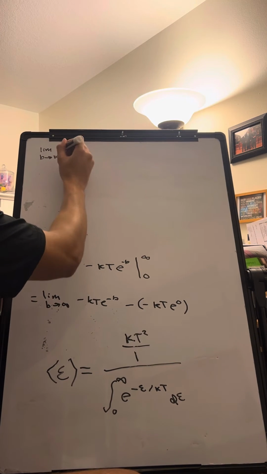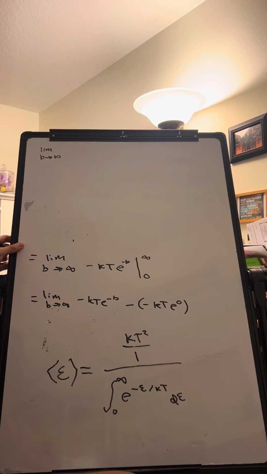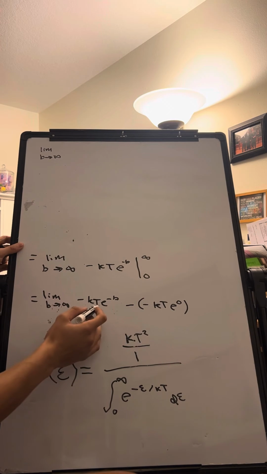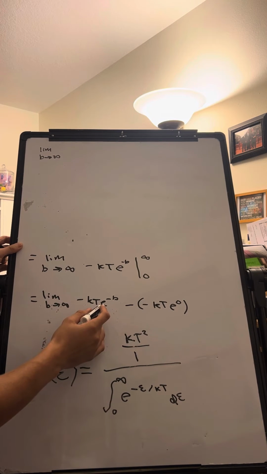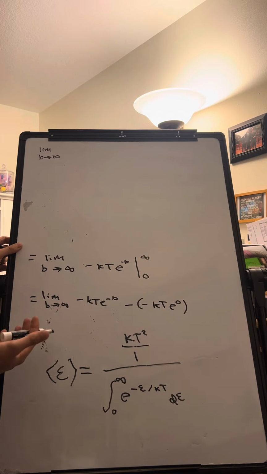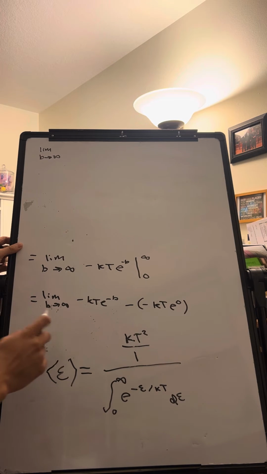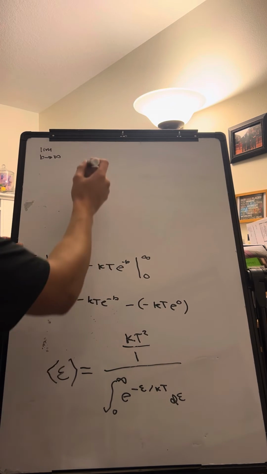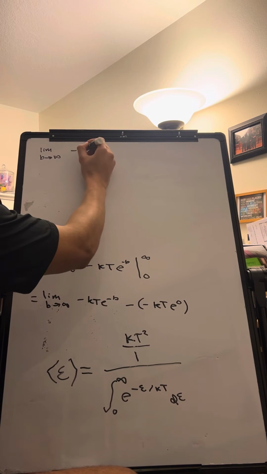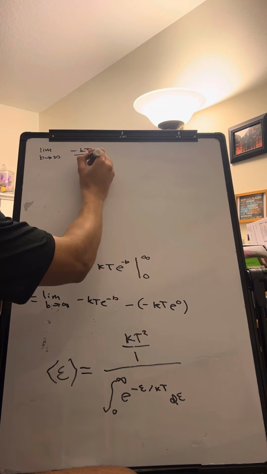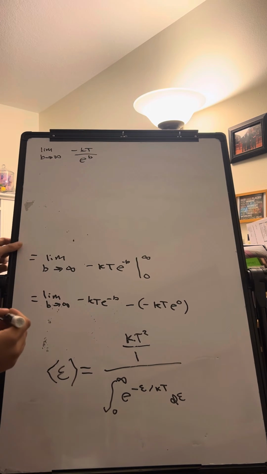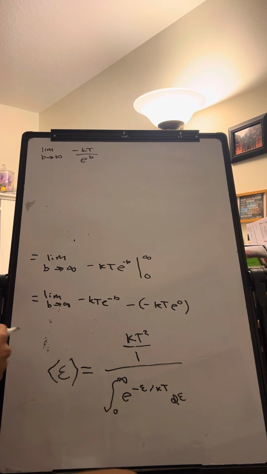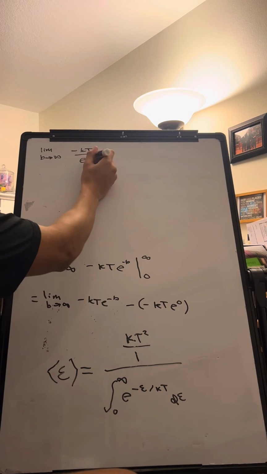Now we have the limit as b approaches infinity, and here, as e goes to negative b, you're not able to evaluate that. So what we want to do is negative kT over e to the b. And when you put e to the b underneath, you lose this negative sign.